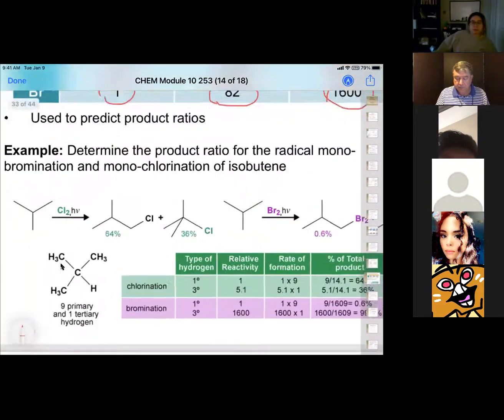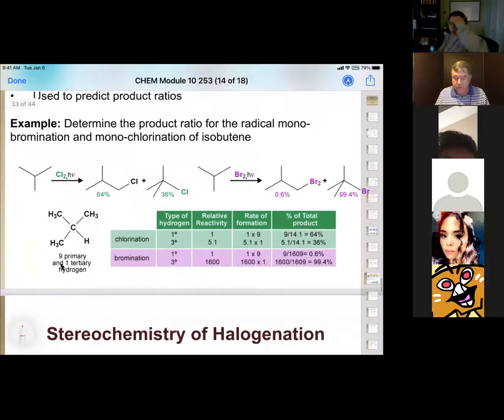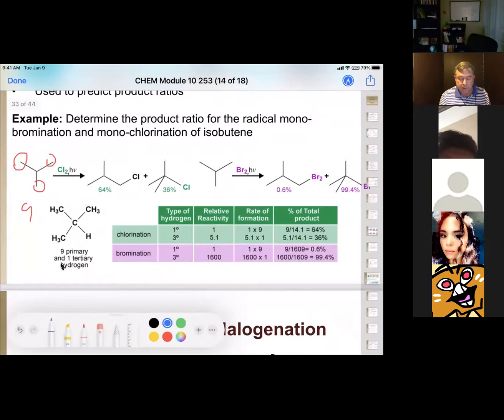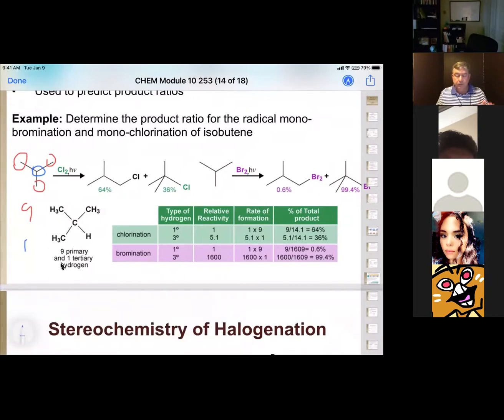So let's pull this up here, and we're going to do the chlorination and the bromination. So in this example, we have 1, 2, 3 methyl groups. Those are all primaries. And we have a total of 9 primary hydrogens. And then we have 1 tertiary. So we have a possible total of 10 sites that can react. Okay.